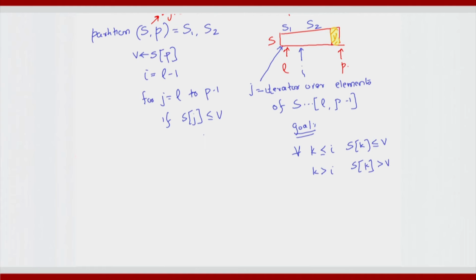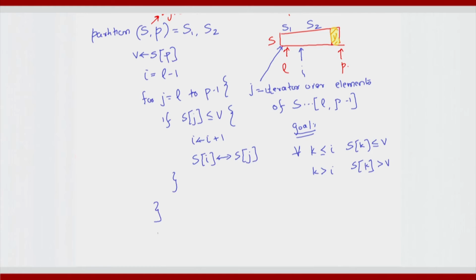So if S of j is less than or equal to V, then you want to update your I. You now got hold of one more element which is less than or equal to V. So you will say I equals I plus 1 and immediately swap the entry at position I with position j and move on. So you keep doing this till you reach the end. So you are just adjusting your index I, updating your iterator j. Index I only gets updated when you find an element which is less than or equal to V, otherwise you are perfectly fine keeping that element where it was.